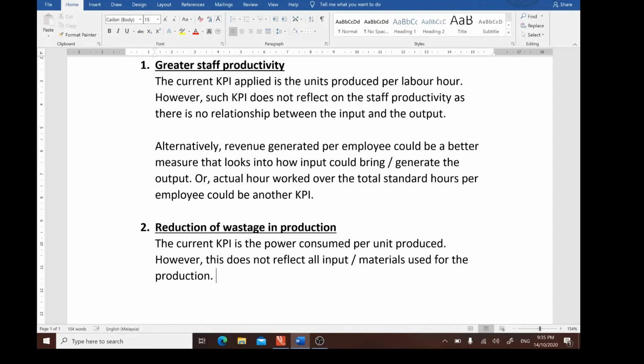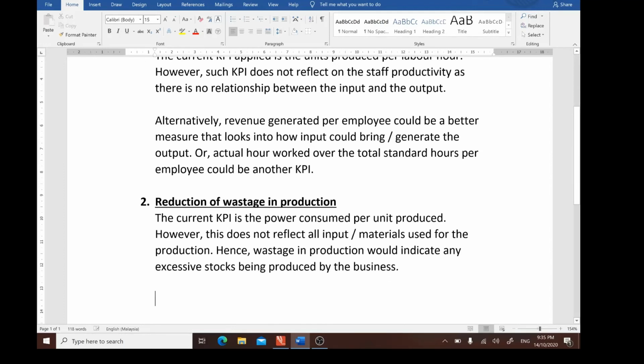So we say, hence, wastage in production would indicate any excessive stocks being produced by the business. Can you see that? I talk about excessive stocks being produced, which means that all these stocks will still be held by the business, and as a result, remain unsold.